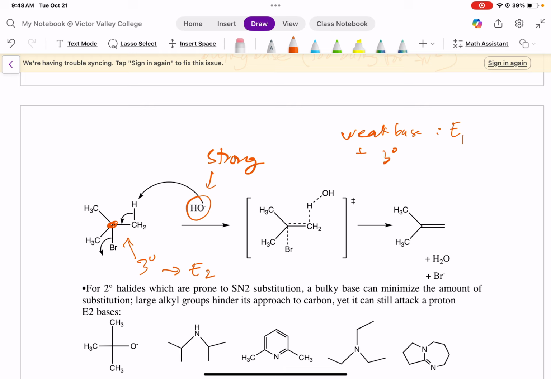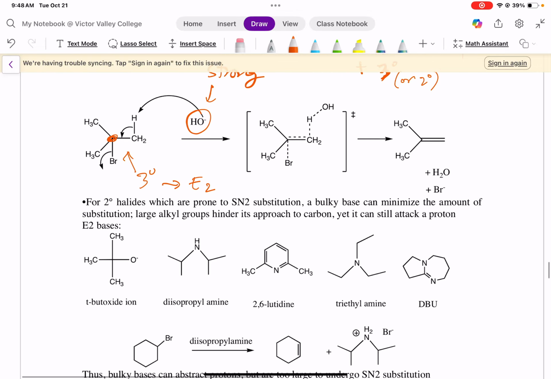Plus tertiary. I'm not saying secondary doesn't happen. It's just that tertiary is the best, or even secondary, but not primary.